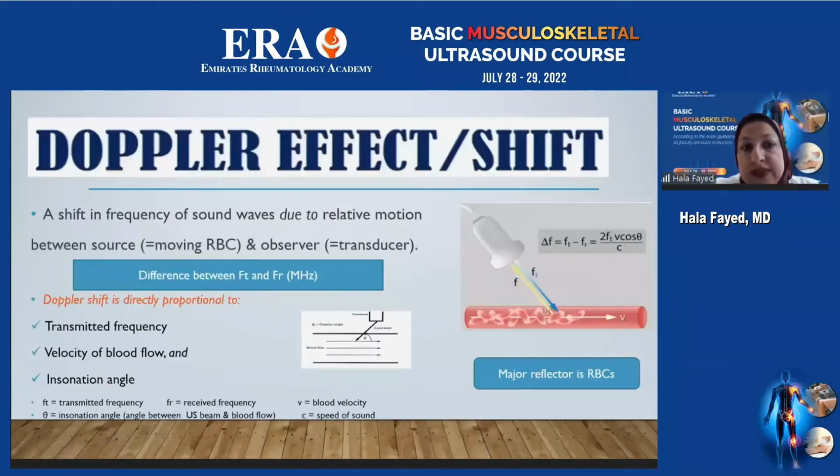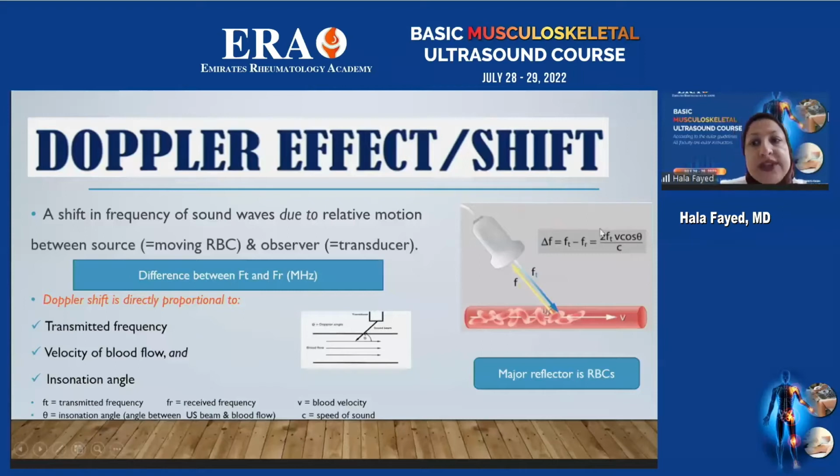Actually, it is the difference between the transmitted and the received frequency, and it is calculated in hertz. According to the equation, the frequency shift is 2 times the transmitted frequency multiplied by velocity and the cosine of the angle of insonation.